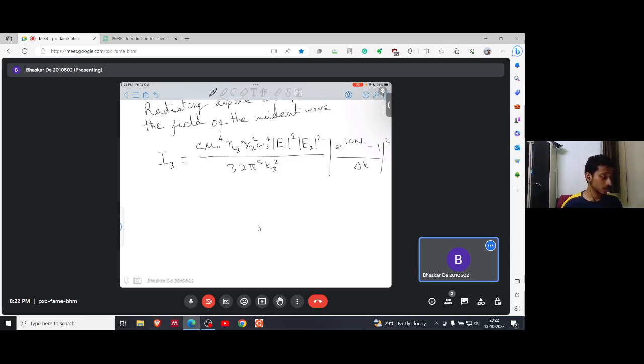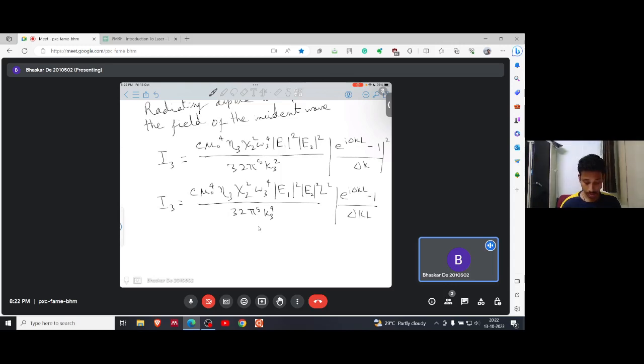If we write this in terms of the product delta kL, we have I3 equal to C mu to the power 4 eta3 chi2 square omega3 to the power 4 E1 square E2 square L square over 32 pi to the power 5 k3 to the power 4, times the absolute value of (e to the power i delta kL minus 1) over delta kL, squared.